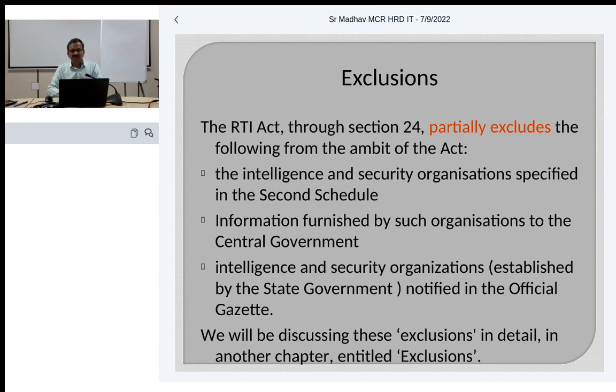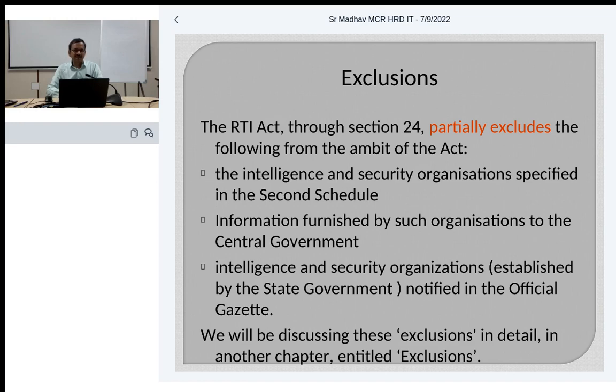You can find a list under the Second Schedule, where we have now 25 organizations, including the Central Bureau of Investigation, which are partially excluded from the purview of the Right to Information Act. We will have a look at the list at the end of the presentation, or you can refer to the material given in the reference material section, where you can find a list of 25 organizations which are excluded from the purview of the Right to Information Act.